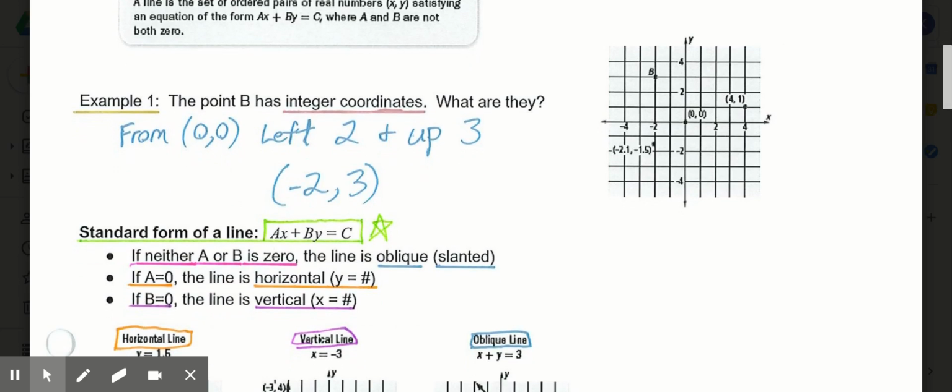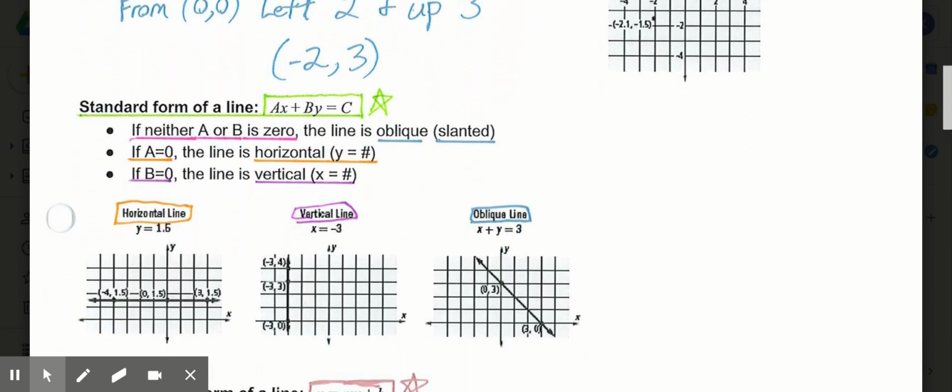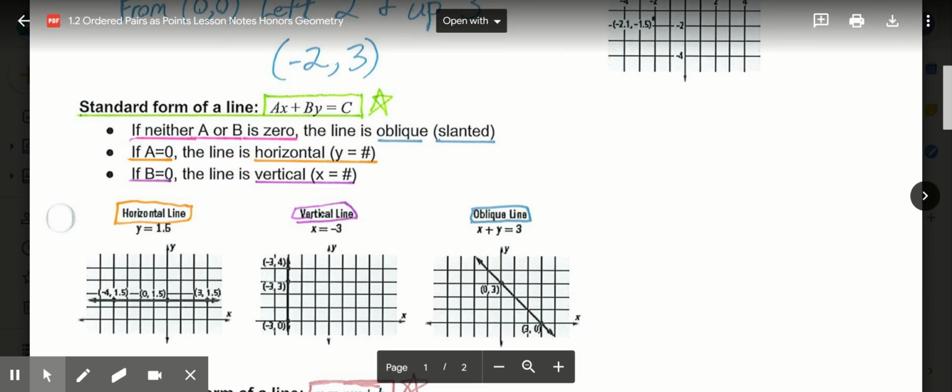Now we're going to look a little closer at this idea again of standard form of a line. So standard form of a line says ax plus by equals c. Now, a couple things to keep in mind with that. X and y would be our coordinates, like -2 and 3. And then a, b, and c are variables as well.